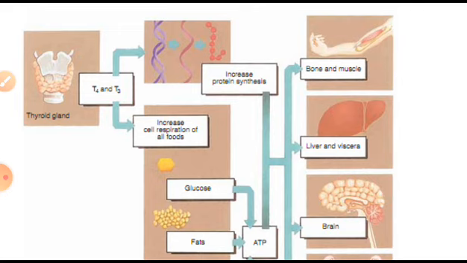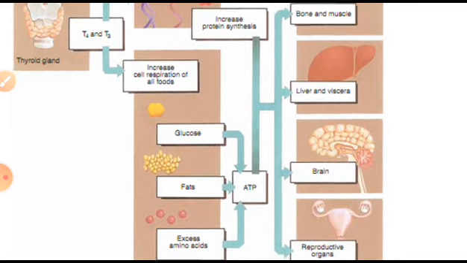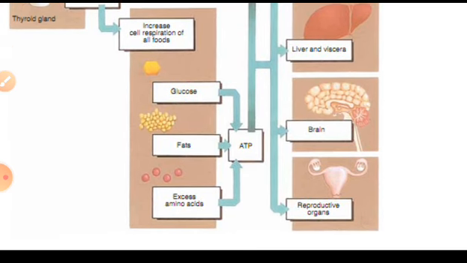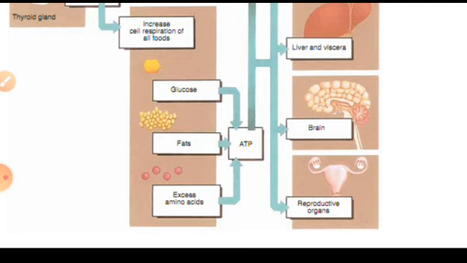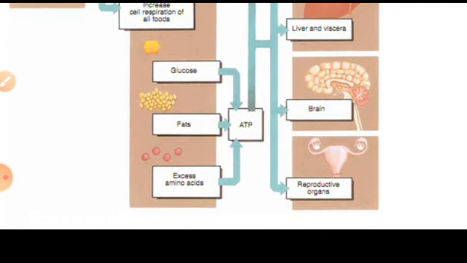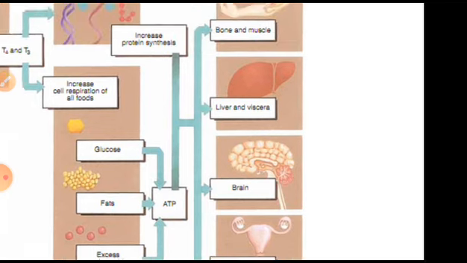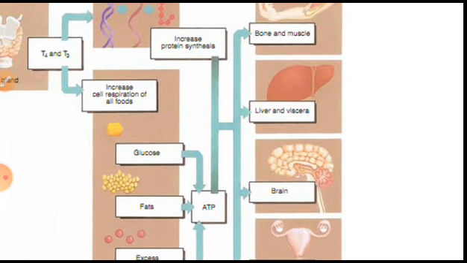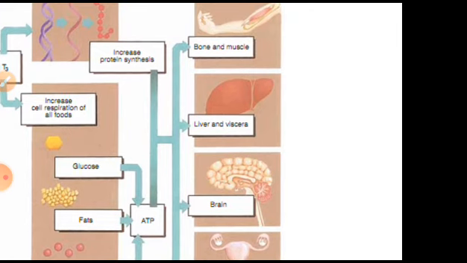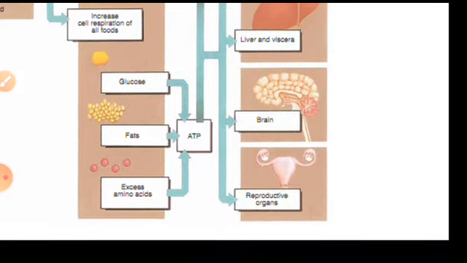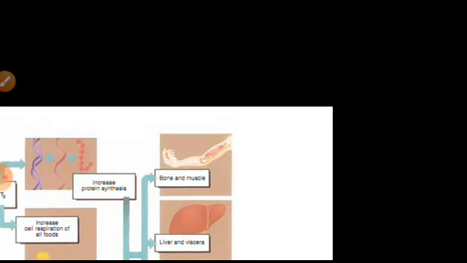There T3 acts in the genomic part, acting on the DNA, and here you can see T4 increases the cell respiration of all foods. Here you can find glucose, fats, and excess amino acids. It acts on all of them and generates ATP, and then its effects can be seen on the bone and muscle, liver and viscera, brain, and reproductive organs.